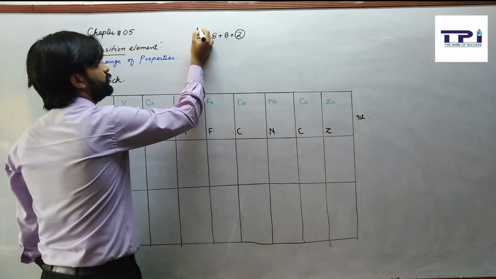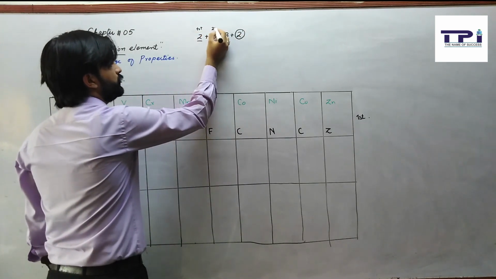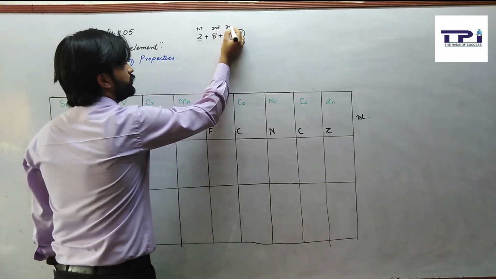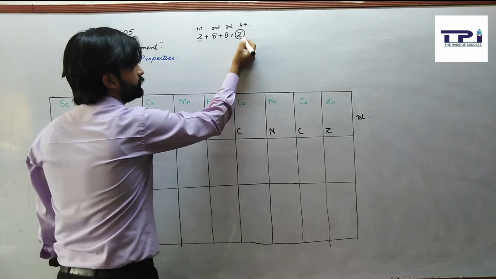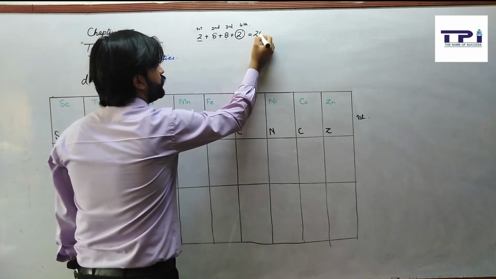This was your first period, this is your second period, this is your third period, and this is your fourth period. S block elements, 2 elements, would equal 20.